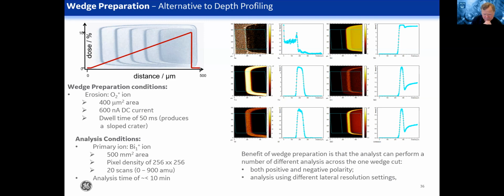And the nice thing, especially when you think about SIMS, usually you're selecting, do I look at the positive or the negative ion fraction? And it's one per region. Here, after you have the wedge prep, you could do a positive ion analysis, and then within the same exact area, you could do the negative ion analysis.